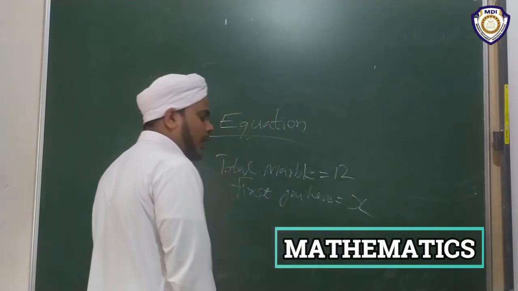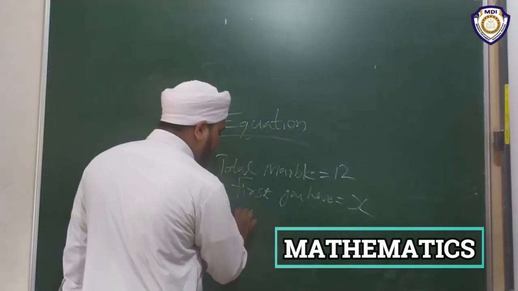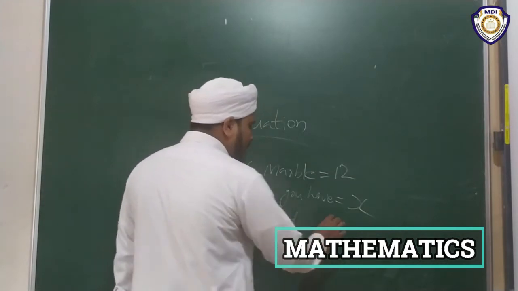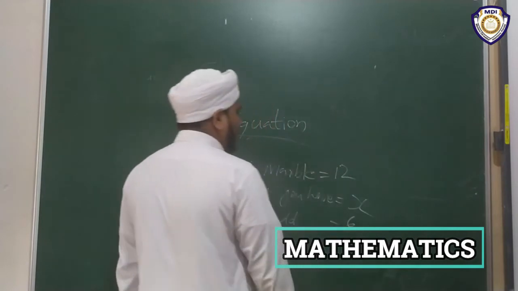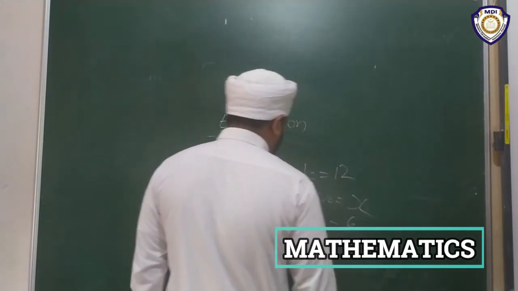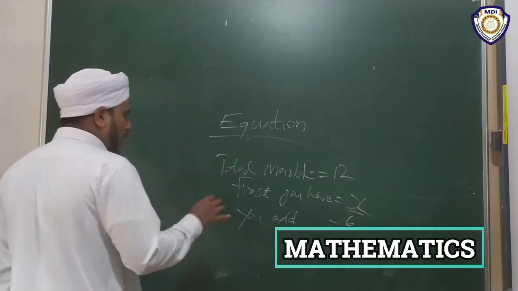You don't know the number of marbles. Then you add 6 marbles. Total 12 marbles. Then what does it mean? Yes, x is what you first have in your pocket.